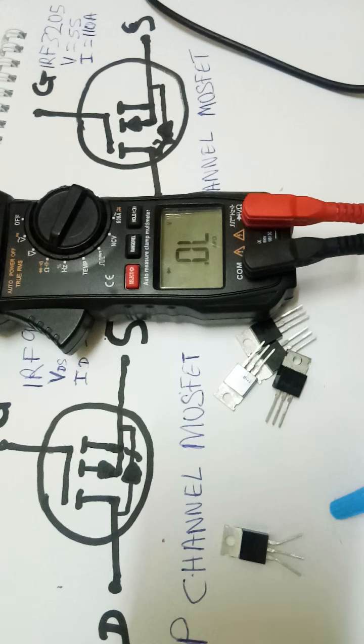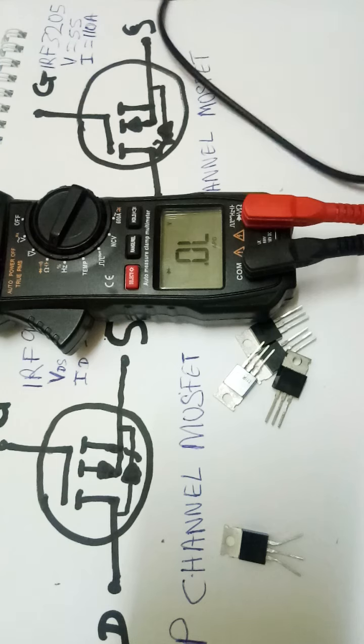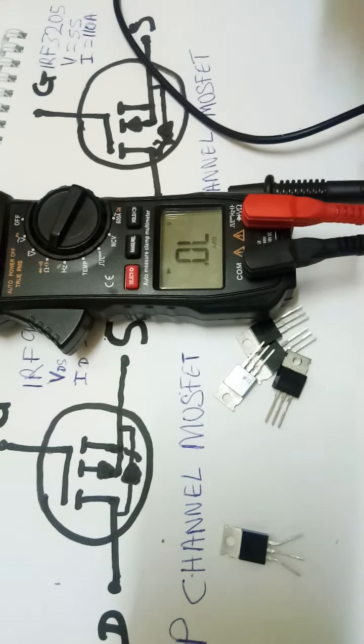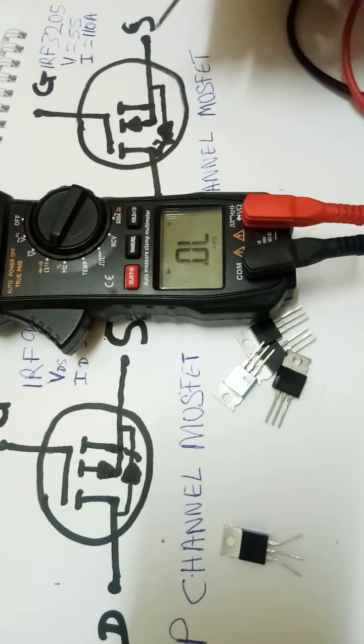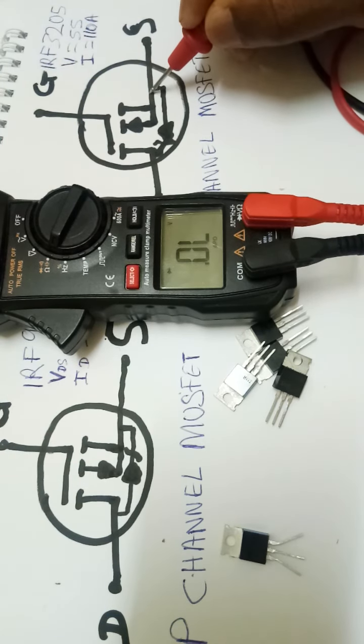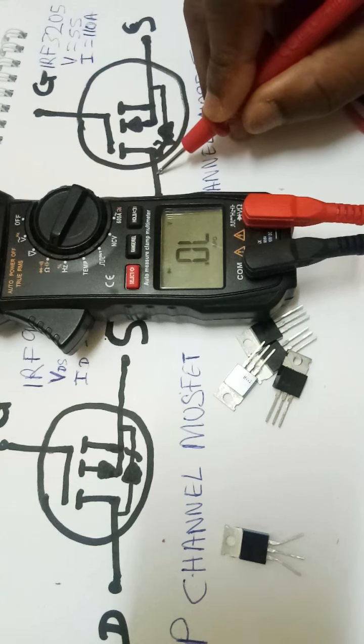If we want to check if this is an N channel MOSFET, as you can see from this diagram of an N channel MOSFET, the diode is forward biased from the source to the drain.